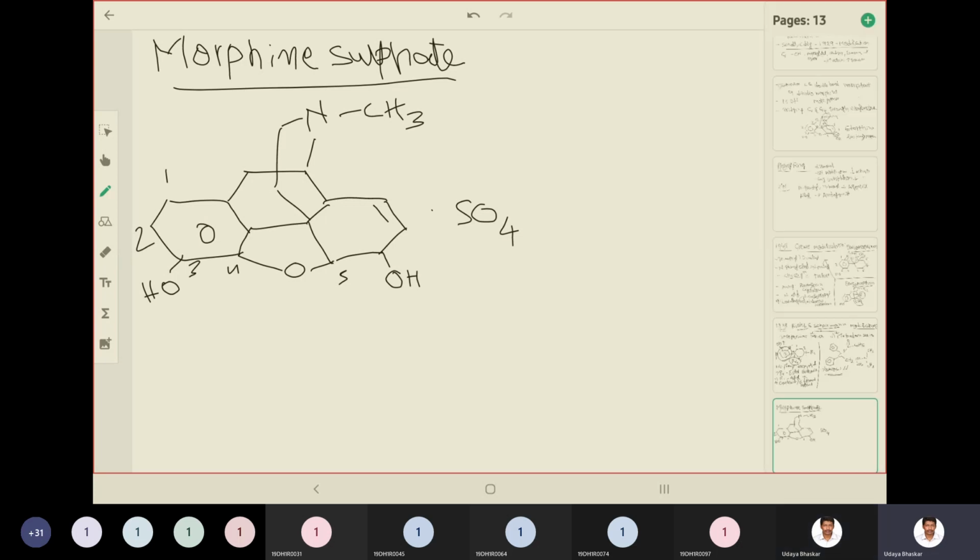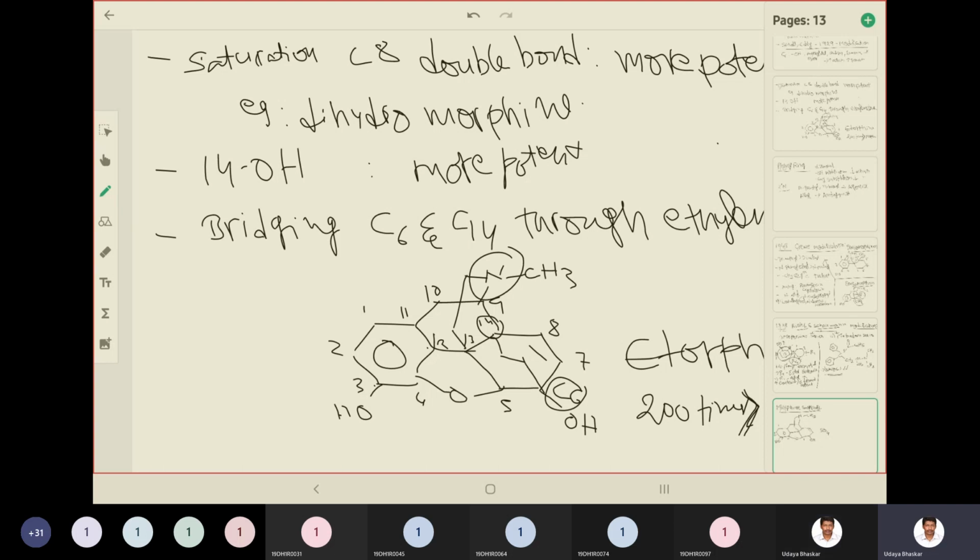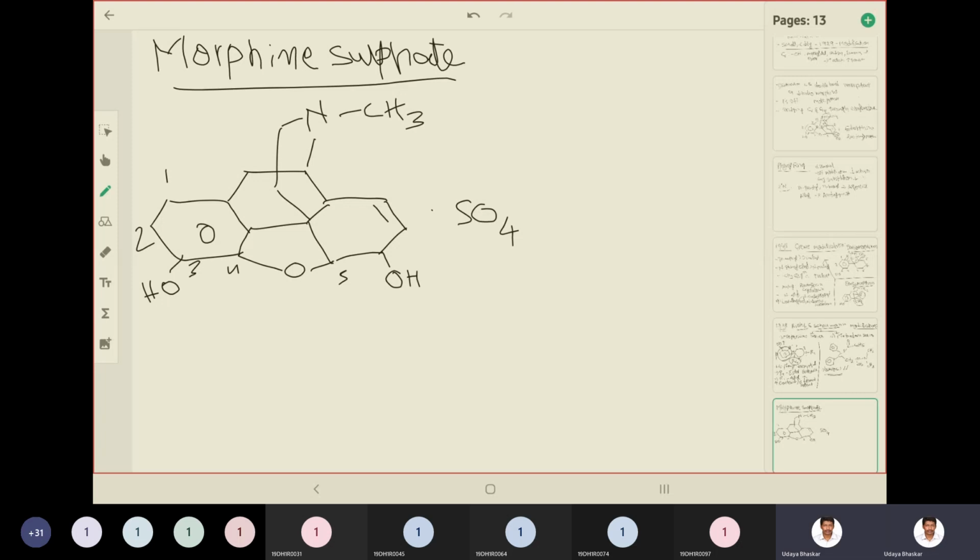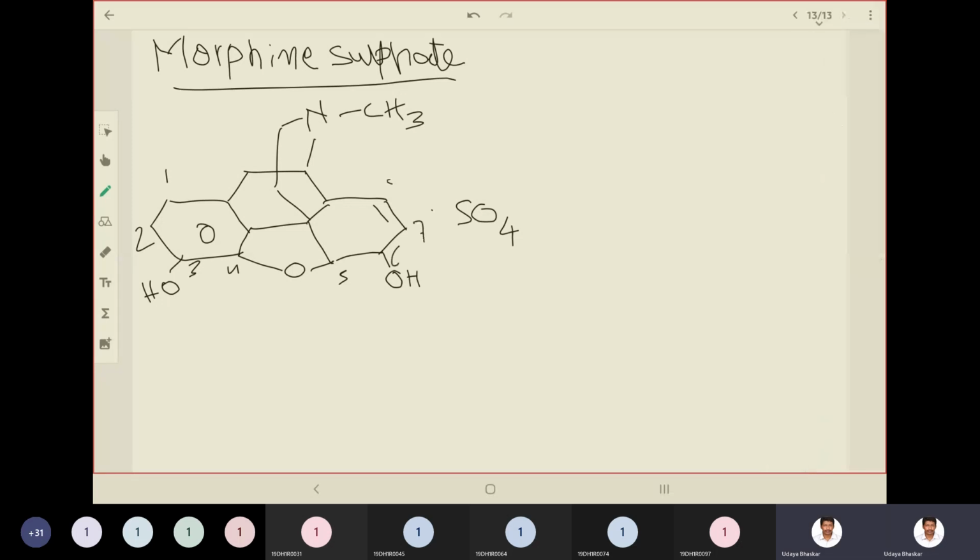Let me check. This is 6, 7, 8, 9, 10, 11, 12, 13, 14, 15, and 16. So that is the numbering. Remember the numbering.